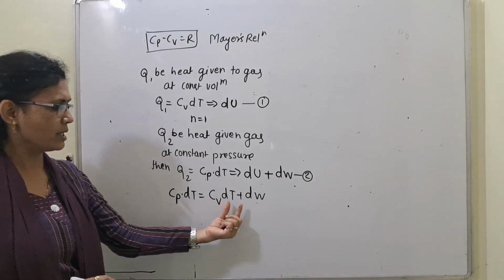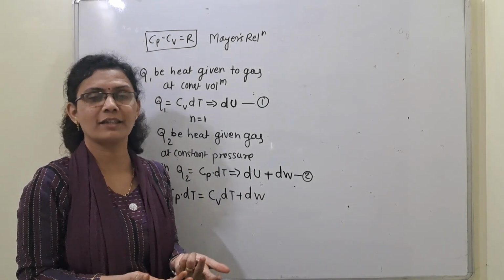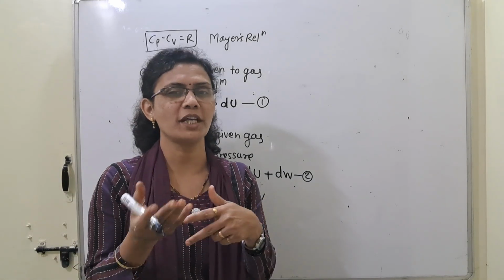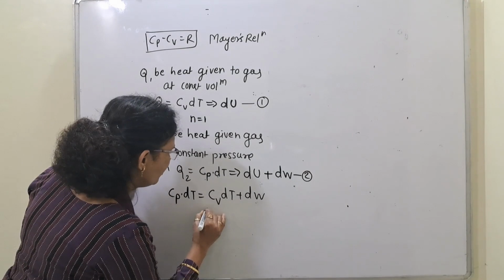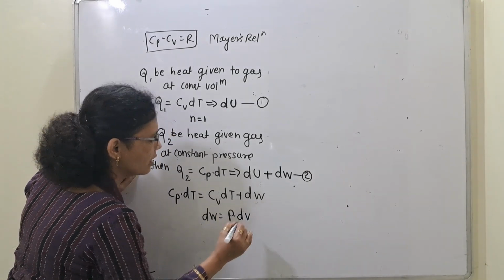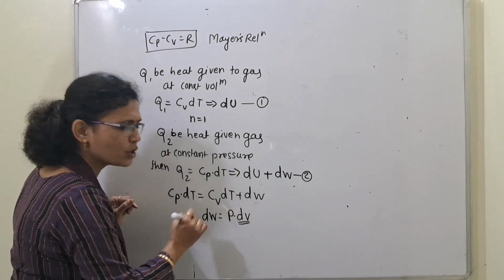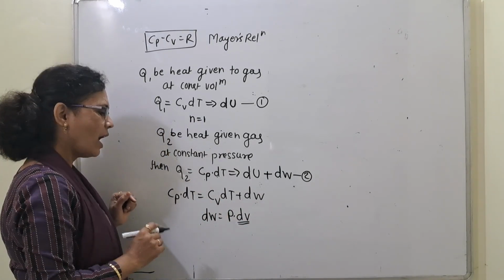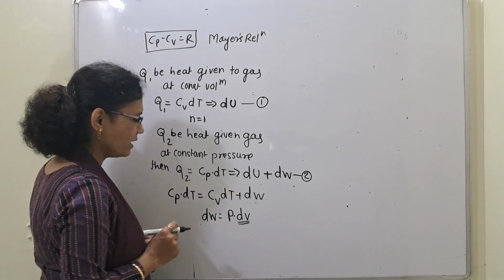What is the work done here? Work done is nothing but pressure into change in volume, P dV. We know this formula. dw is nothing but pressure into change in volume. I want to put the value of change in volume, and for that I will take the ideal gas equation.